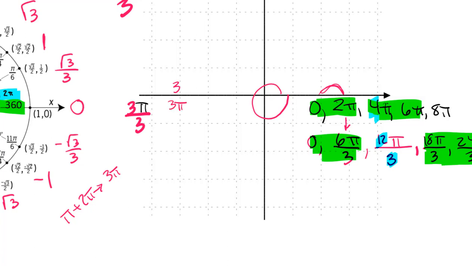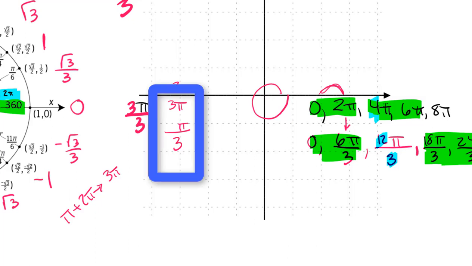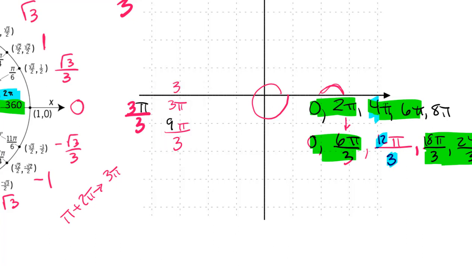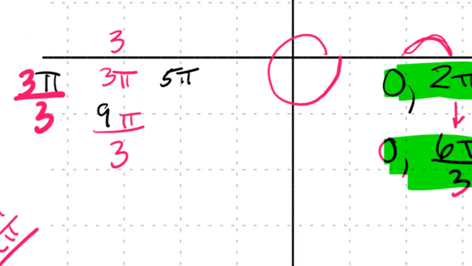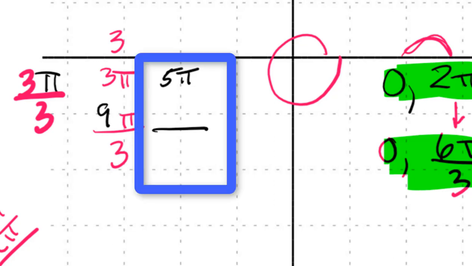If it reduced, it would end up giving me 3 pi, and that top number has to be what? 9. And then if we add another 2 pi to the 3 pi, so again, this is just coterminal angles. You're just going to subtract 2 pi, but in this case, we're just adding it. So if I add that, now I'll get 5 pi. So now I have 5 pi, and that would be the same thing as how many pi's over 3?